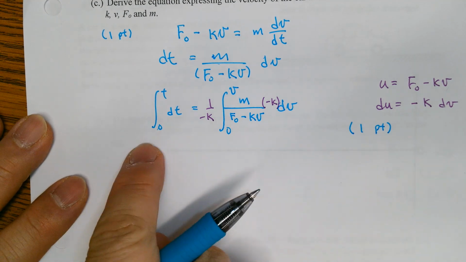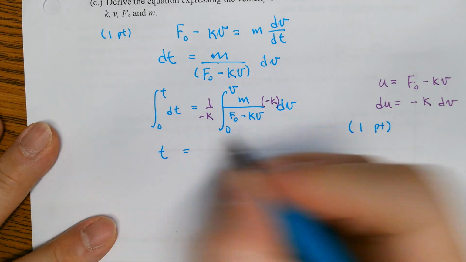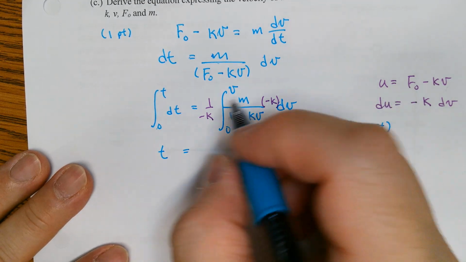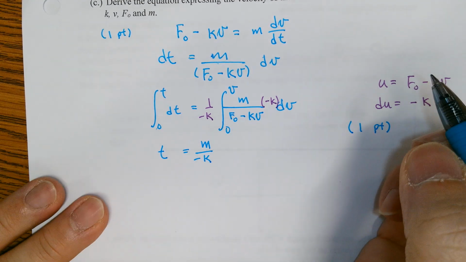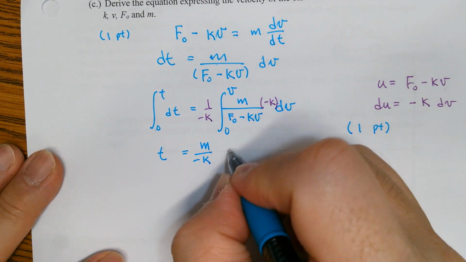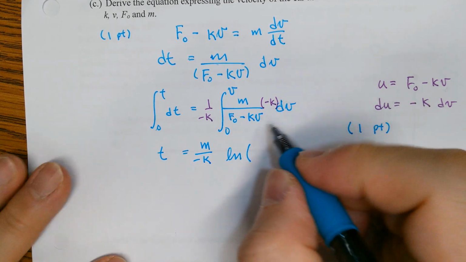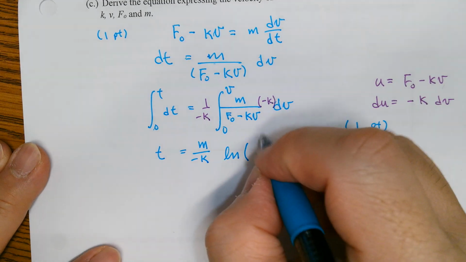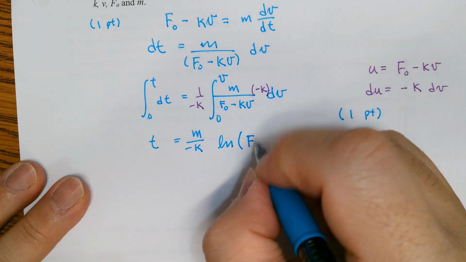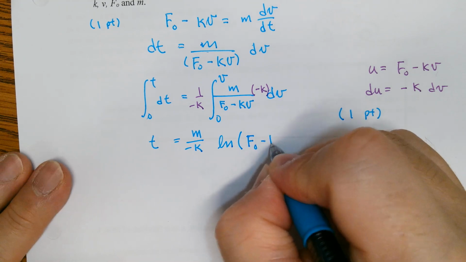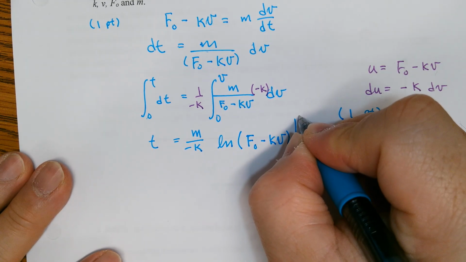So when you integrate this, you know you're going to get t out of this, right? t minus 0 is equal to, here, you're going to get m over negative k, ln of F naught minus kV evaluated from 0 to v.